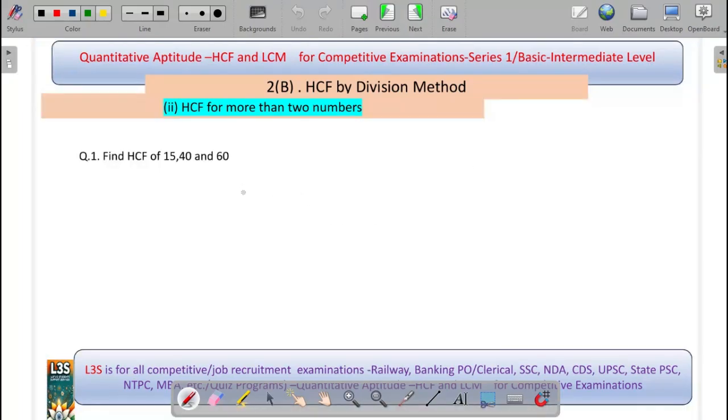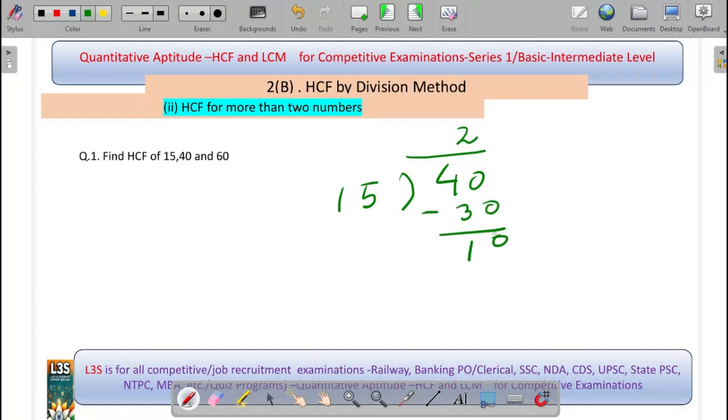Now we will find the HCF of 15, 40 and 60. First we consider two numbers, 15 and 40. Say 40, we take 15 into 2, 30, leaving 10.